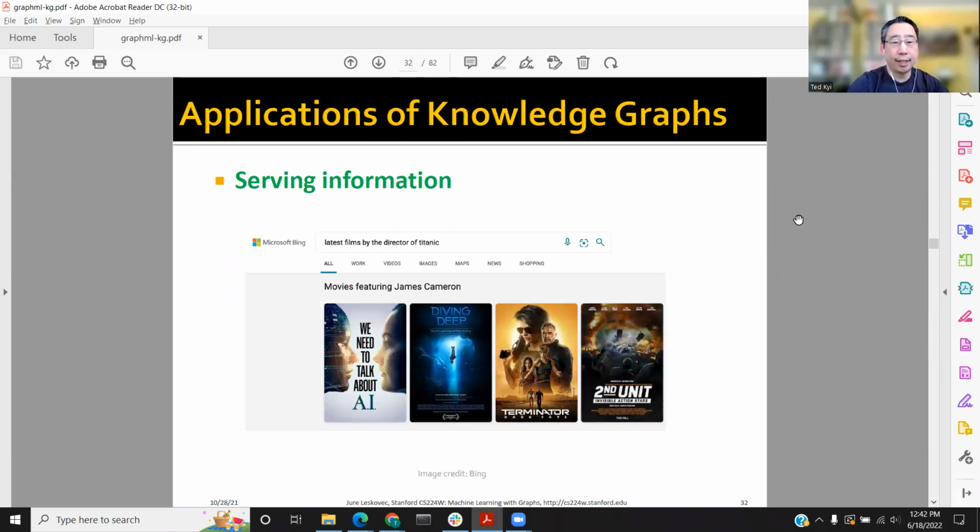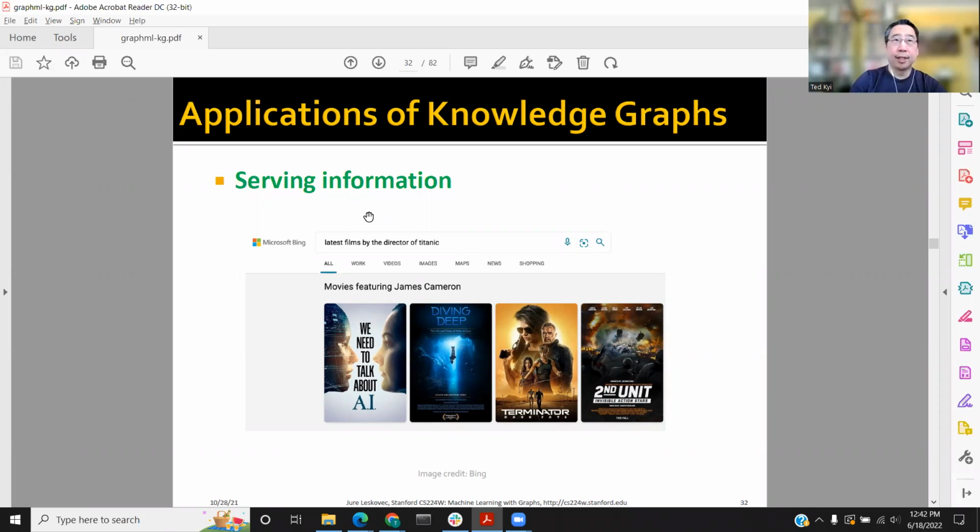Okay, and then some examples here. So if you ask for the latest films by the director of Titanic, then obviously first you need to be able to say who is the director of the movie Titanic, and that's probably pretty easy. But then what are all the other films that were directed by James Cameron?